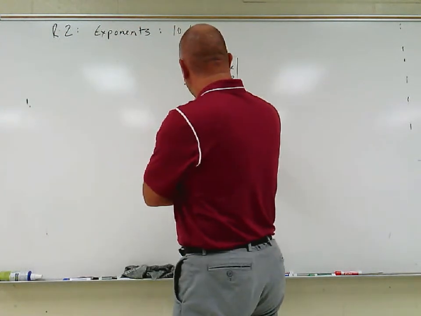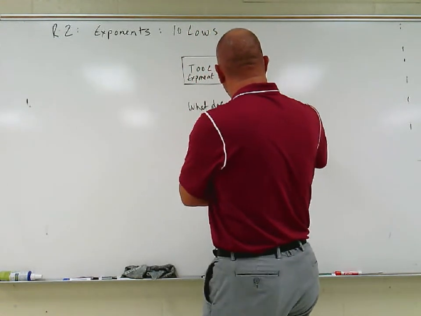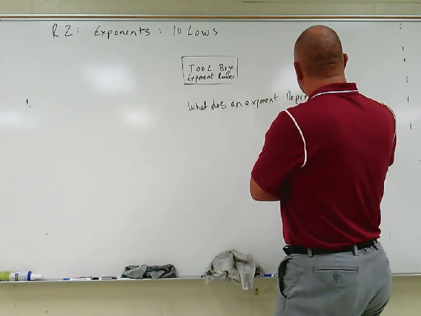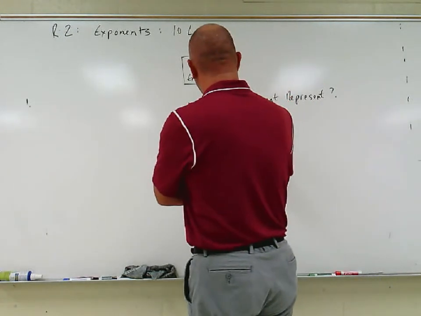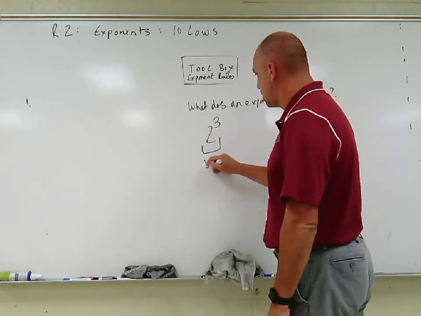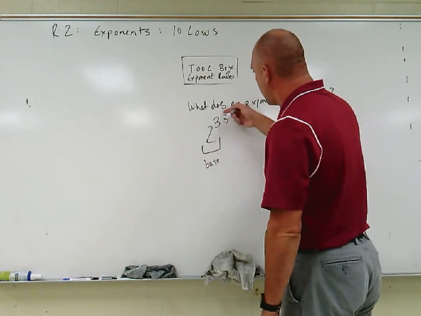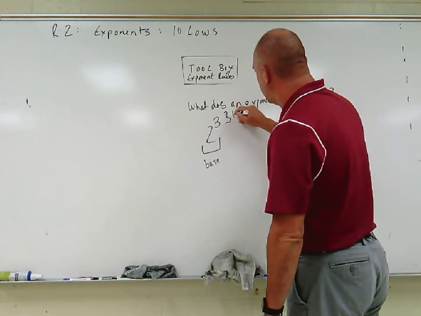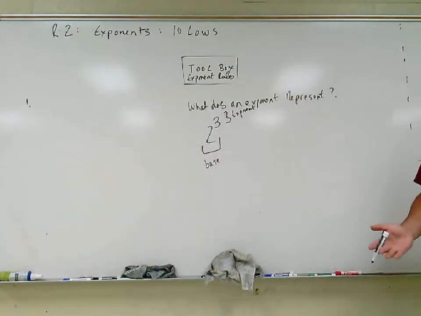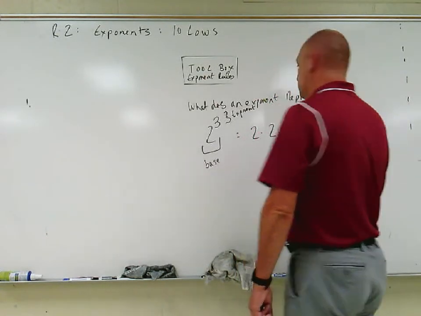So what does an exponent represent? If you have 2 cubed, the number here is the base. The number up in the top right, that is the exponent, okay? So if we have 2 cubed, that means 2 times 2 times 2.